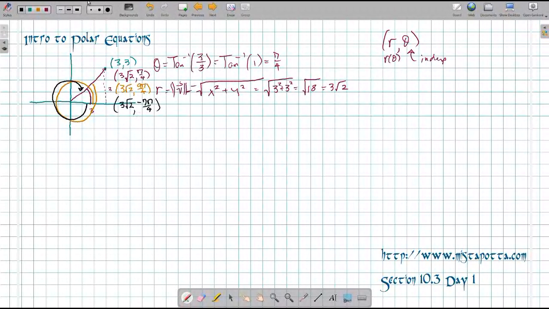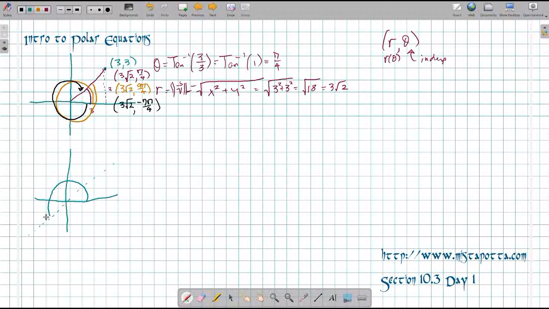But there is something else that I could do. Thinking about getting to this point over here, I could actually take an angle that's 5 pi over 4, in other words, somewhere on this line.